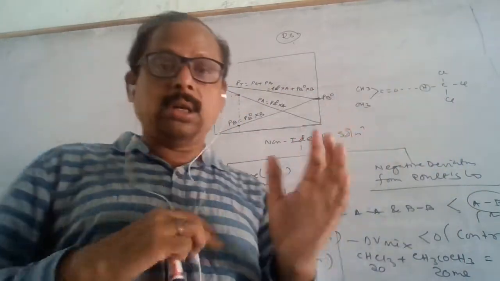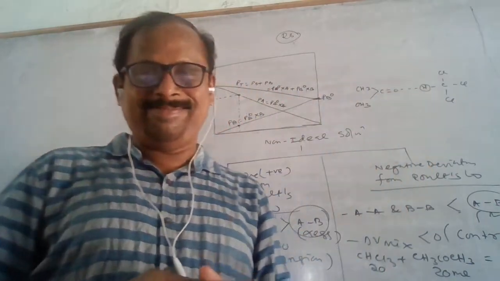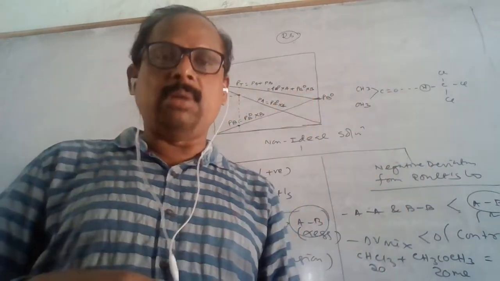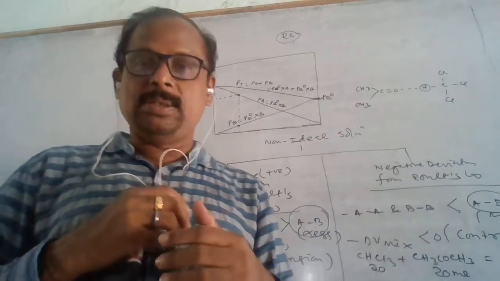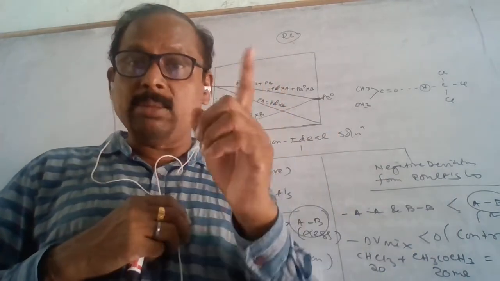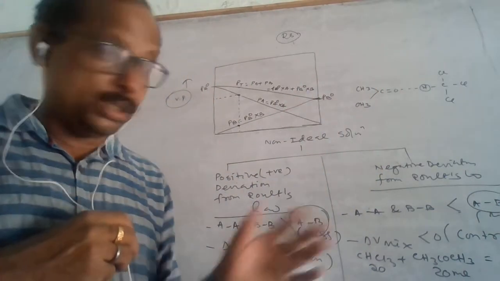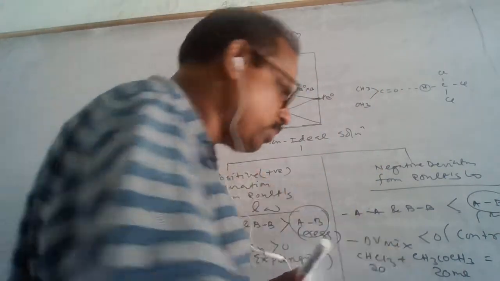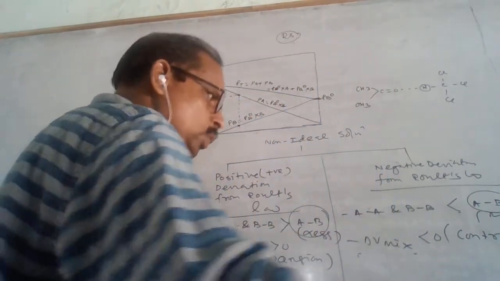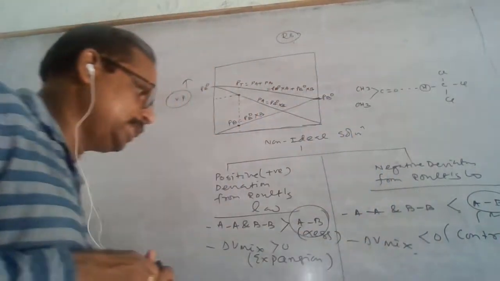Because of this bonding, the volume contracts. So 20 ml mixed with 20 ml becomes not 40 ml, it becomes 38 or 35 ml. That is the volume contraction, just for your understanding and as an example. So that is the contraction on mixing.